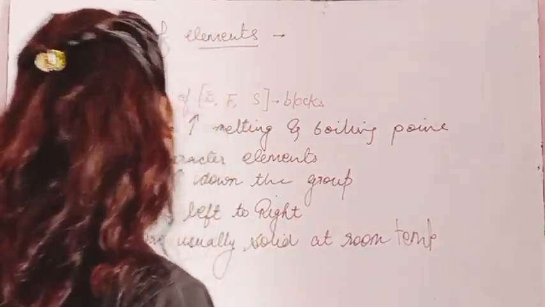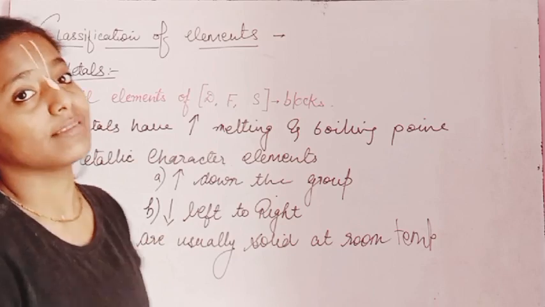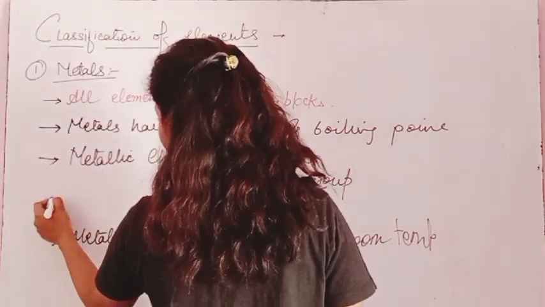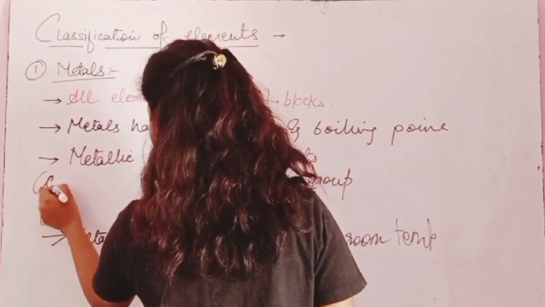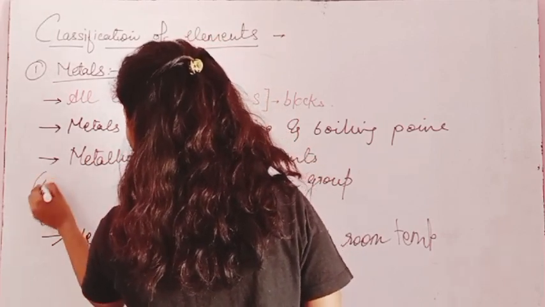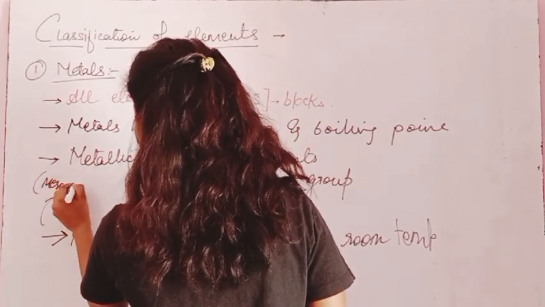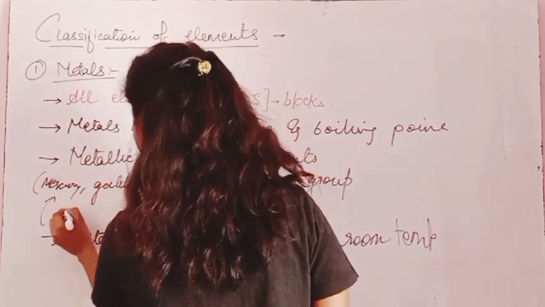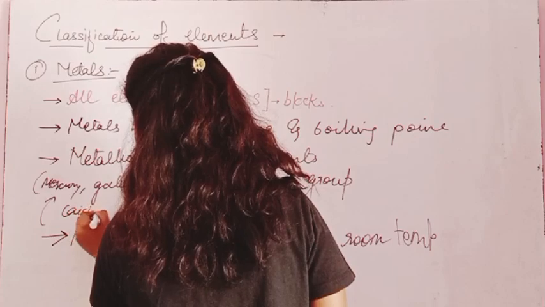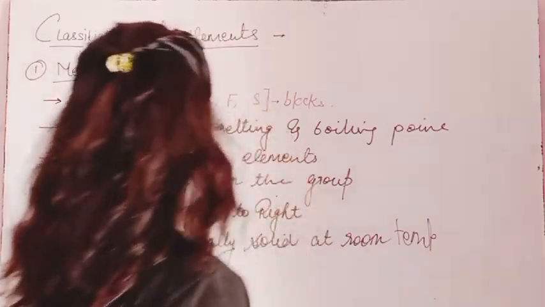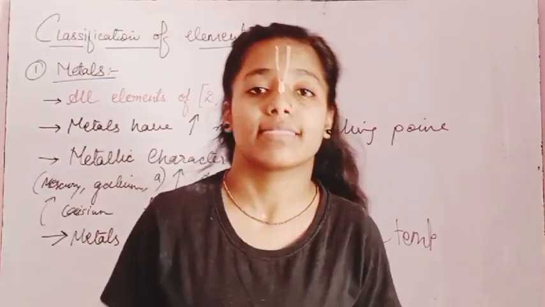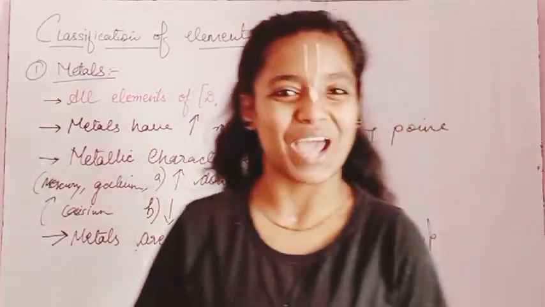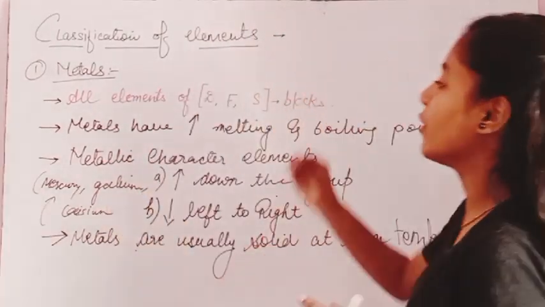And again, if we are talking about metals, there are exceptions where they are not solid. The exceptions are mercury, and what more? Gallium and cesium. So these are the three exceptions among metals which are not solid at room temperature. So that's all for metals.